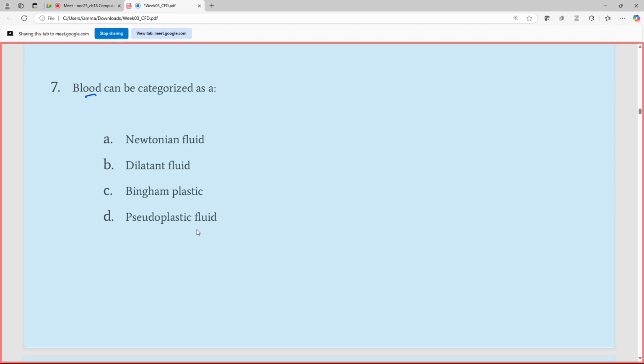Option D, pseudoplastic fluid. The same way, you can think what will happen to blood when shear stress, a tangential stress, is applied on its surface. If you think in that way, you could understand which type of fluid blood is.